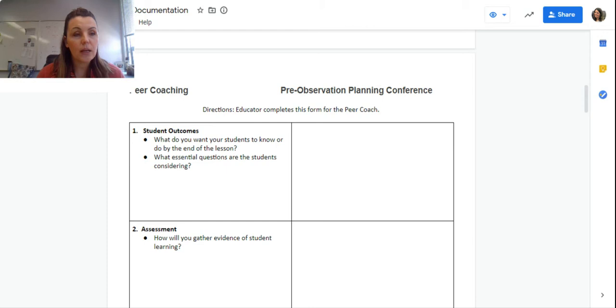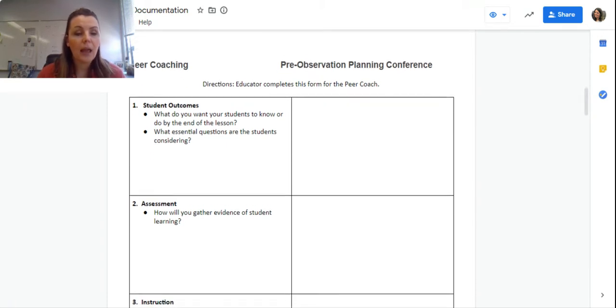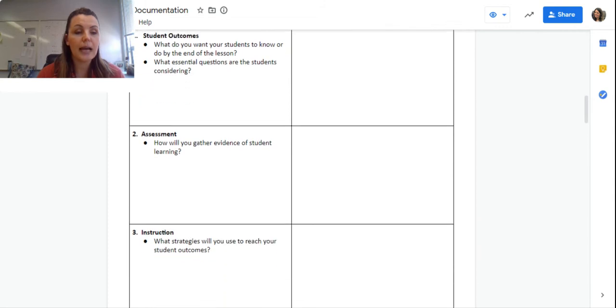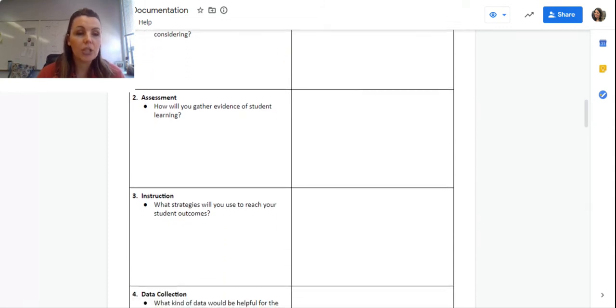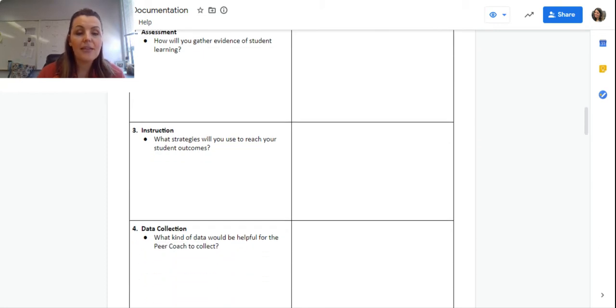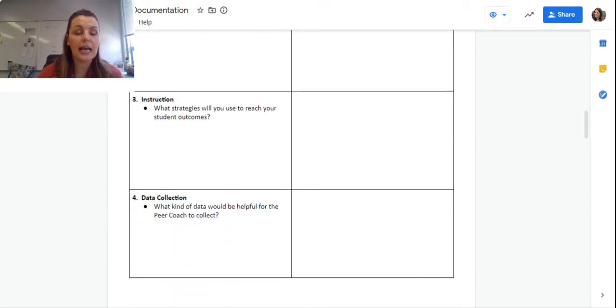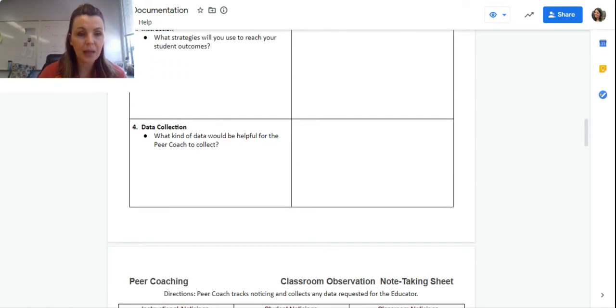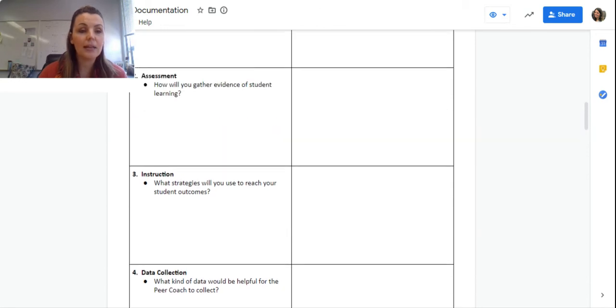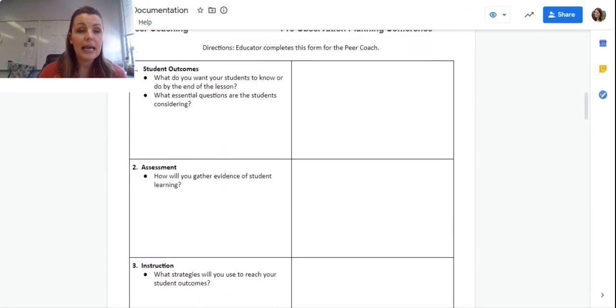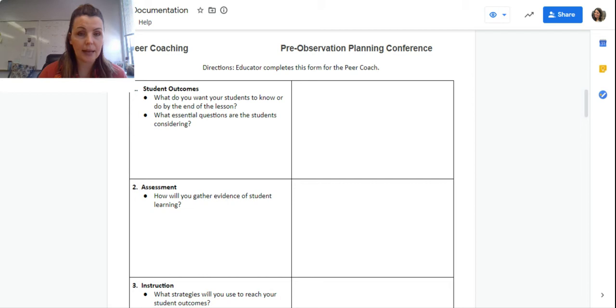The educator will fill in information about the student outcomes, about how students will be assessed, the strategies to help reach the student outcomes, and then finally, what sort of data would be helpful for the peer coach to collect during the observation. Again, this form can be completed in person or online.